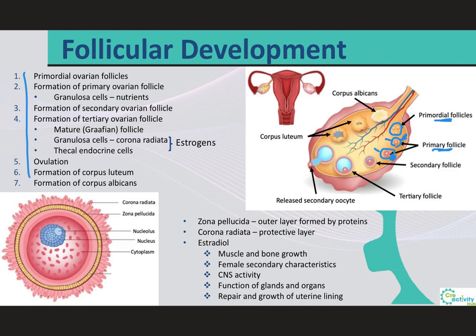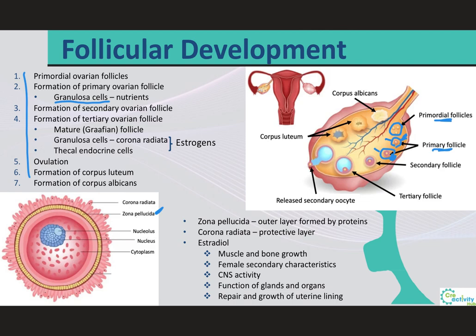These follicle cells are called granulosa cells, and the enlarging oocyte secretes proteins that form an extracellular coat called the zona pellucida around the oocyte, as we can see from this image. The granulosa cells will continually provide the developing oocyte with nutrients, which will be important for their development.